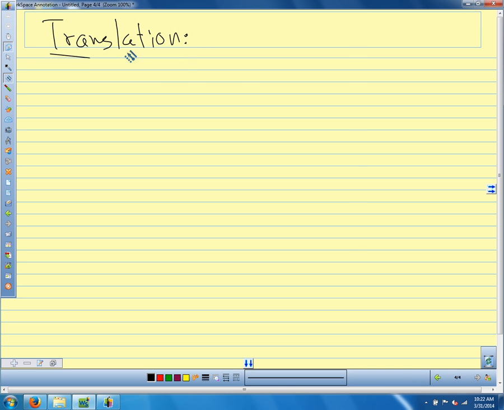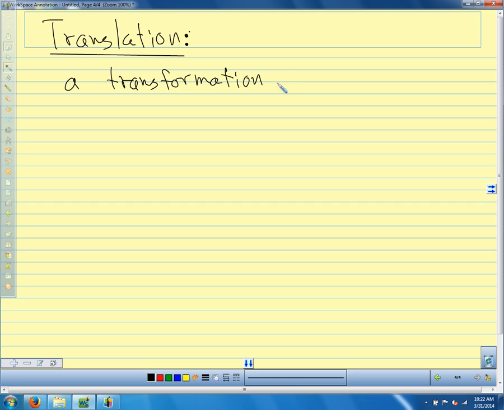And we decided that a translation had something to do with moving or sliding. And that's how we're going to define it. A translation is a transformation, and the other way we talk about transformations is a rigid motion.